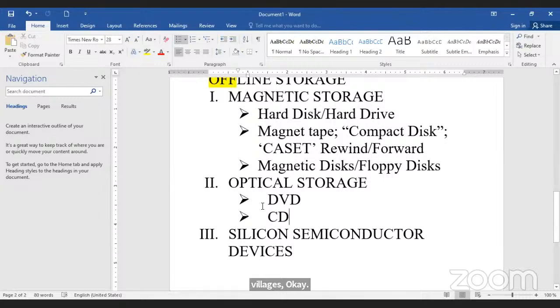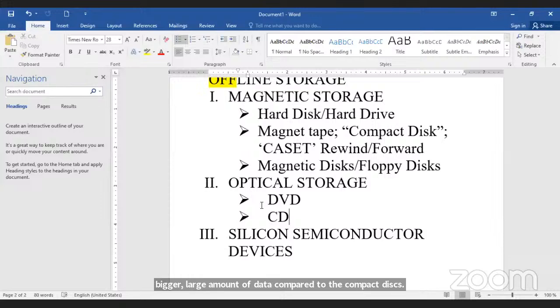So this digital versatile disc, DVD, stores a larger amount of data compared to compact discs. It stores up to 4.7 GB. When you buy one, you see that it's written 4.7 GB.